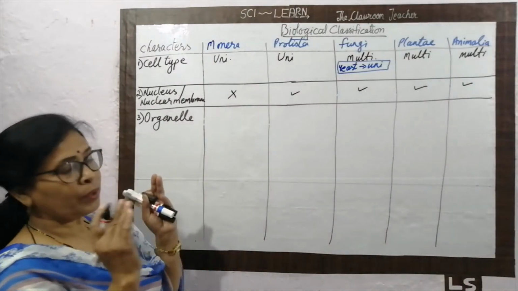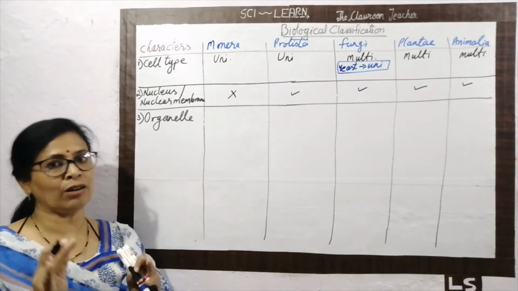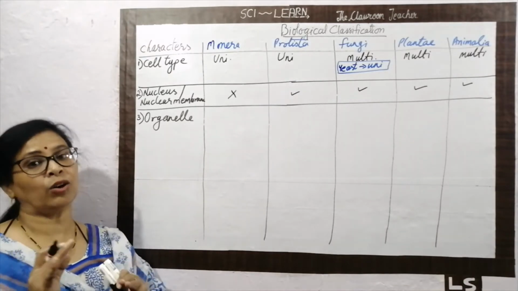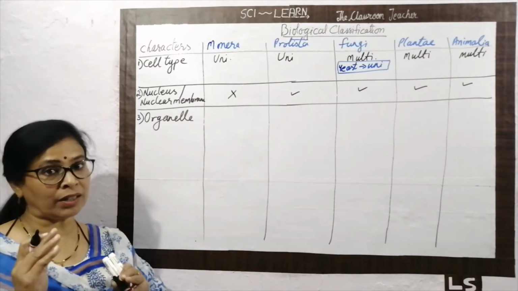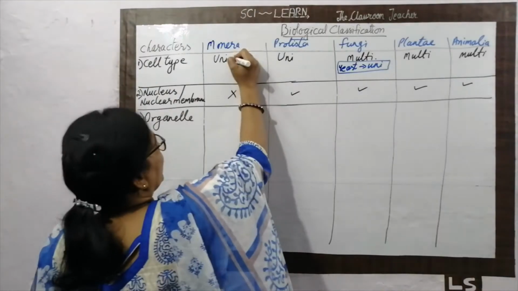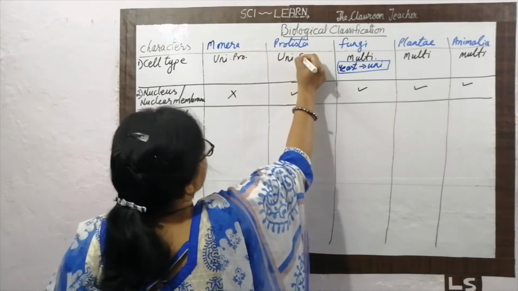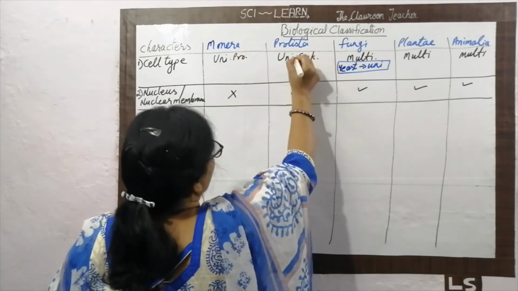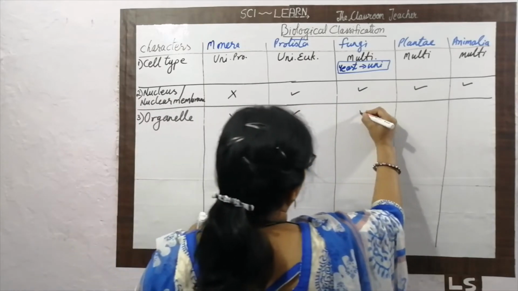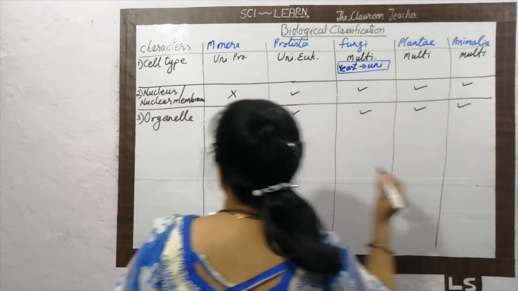In unicellular prokaryotes, the organelles are not defined properly. Membrane-bound organelles are absent in the unicellular prokaryotes. This is the prokaryote, and this is the eukaryotes. So what about organelles? It is absent here, but it is present in all these places.